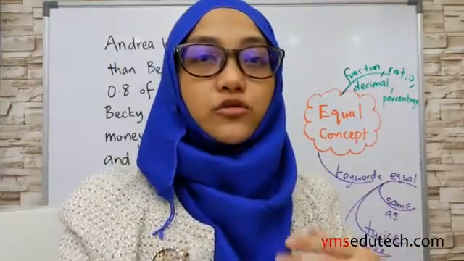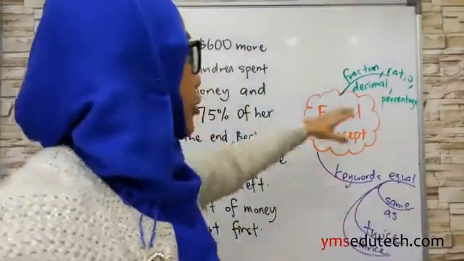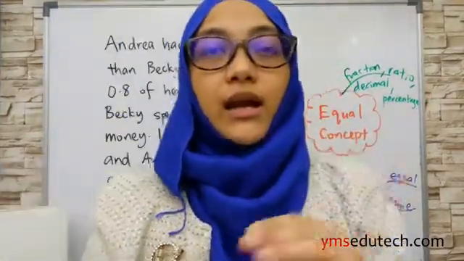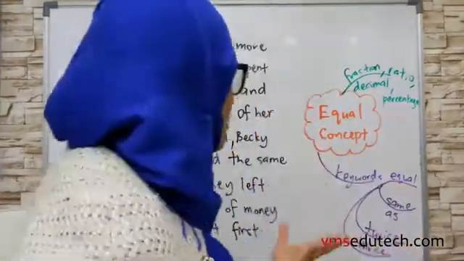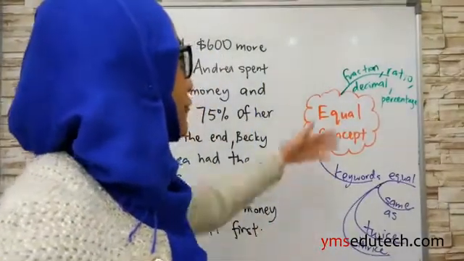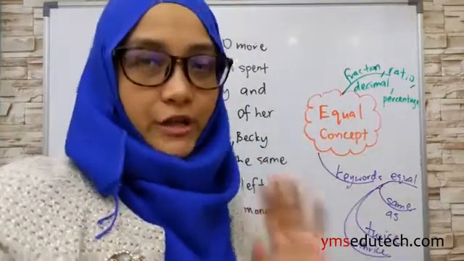I'm going to share with you how students can convert the decimal and percentage into fraction so that the problem solving becomes simple, just like how they solve for equal concept involving fraction.